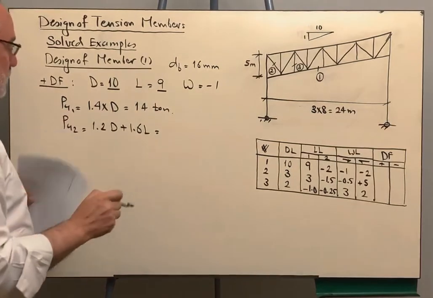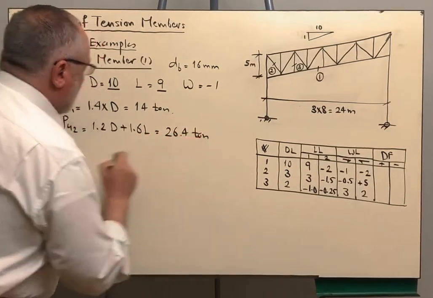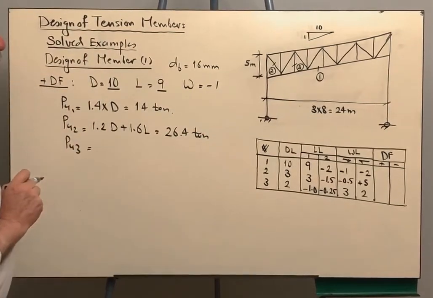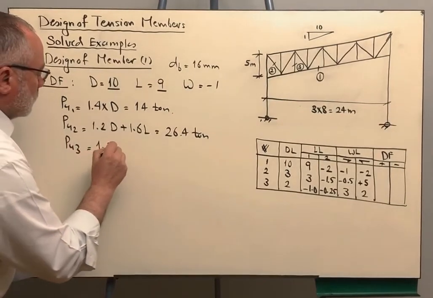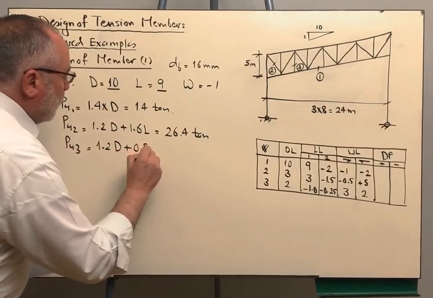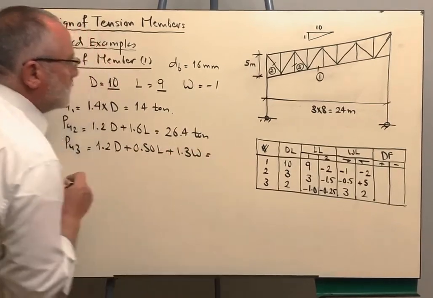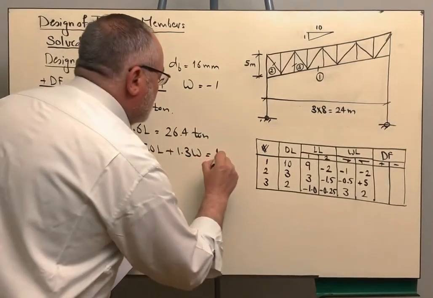We are going to get 26.4. For the ultimate load, or load combination number 3, we are taking 1.2 dead plus 0.5 live plus 1.3 wind. If you did that, we are going to get 15.2 tons.